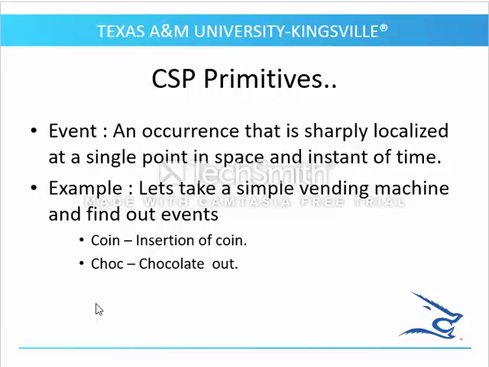An occurrence that is sharply localized at a single point in space and an instance of time is called an event. For example, in a simple vending machine, insertion of a coin is an event. Extraction of a chocolate is another event.